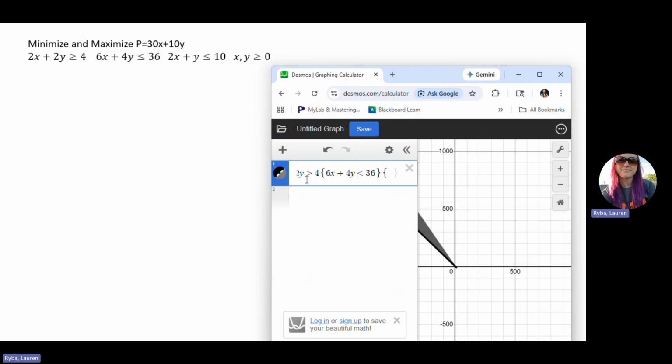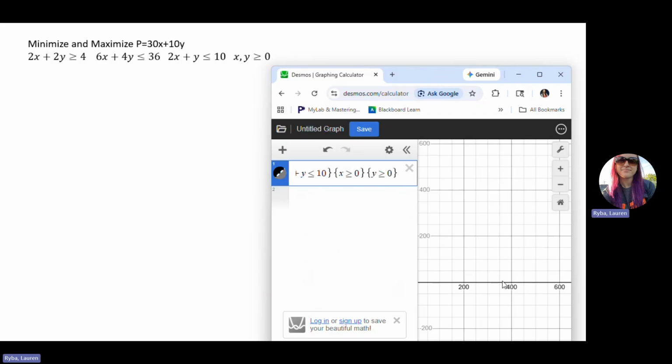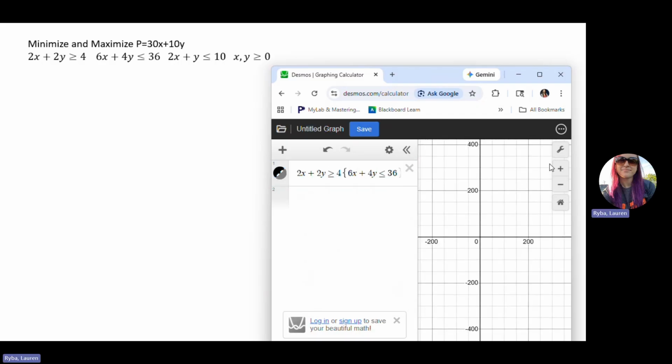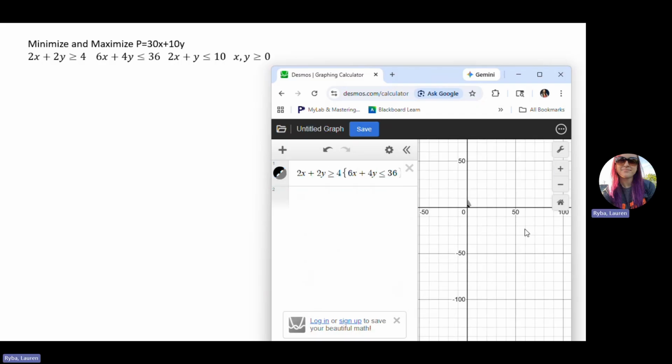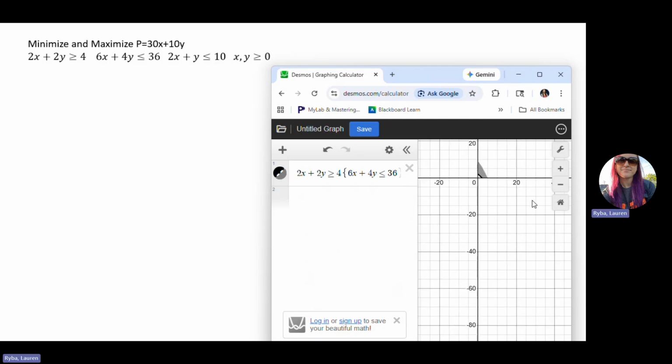Bracket, 2x plus y less equal 10. X greater equal 0, y greater equal 0. And it's going to look like there's nothing there because I'm very zoomed out. I'll need to zoom back in, and you'll be able to see it here.